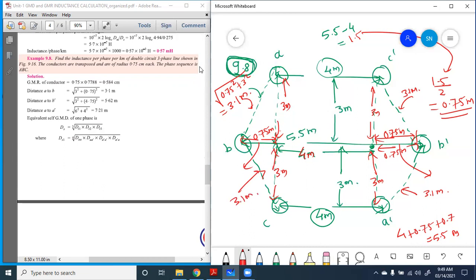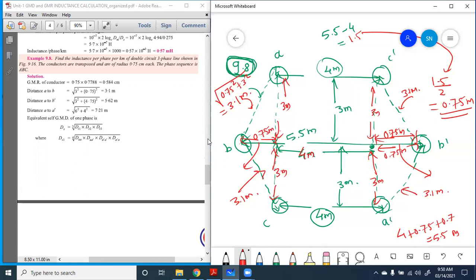So obviously, the distances BA, BC, C'B', A'B' are also 3.1 meter.